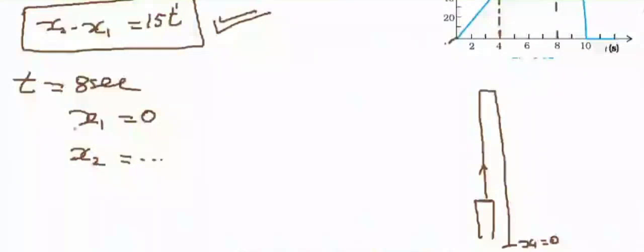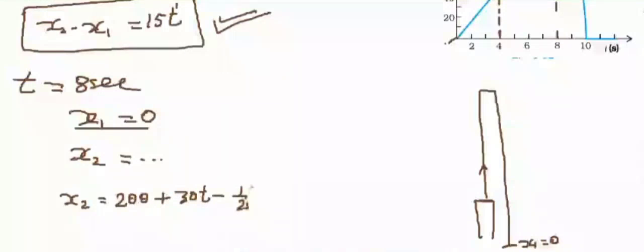if it is only x2, then what will be the equation? x2 is equal to 200 plus 30t minus half 10t square. So it is actually x2 minus x1.